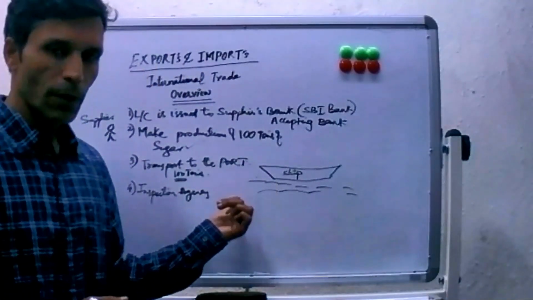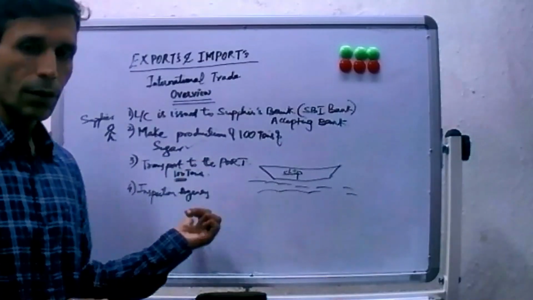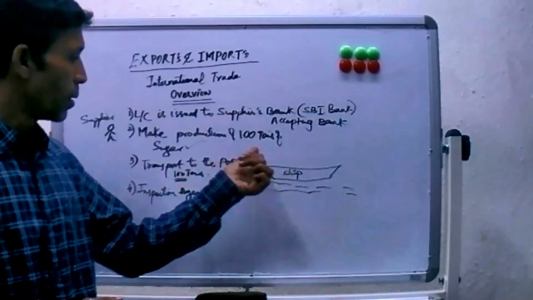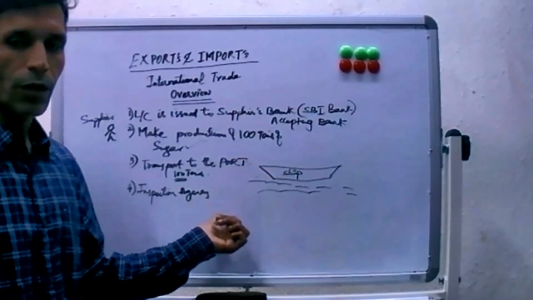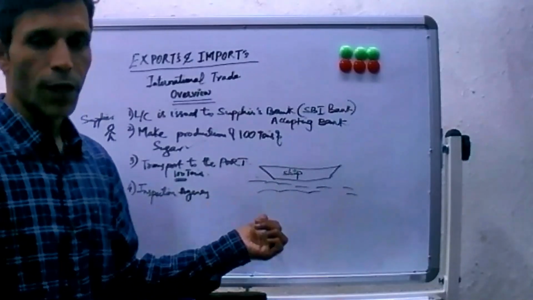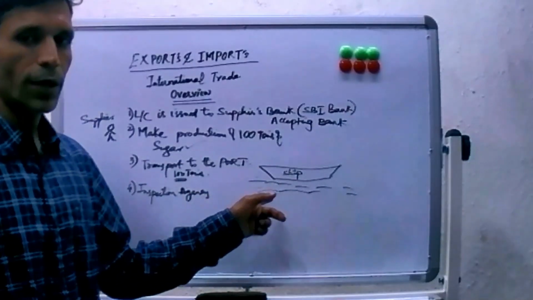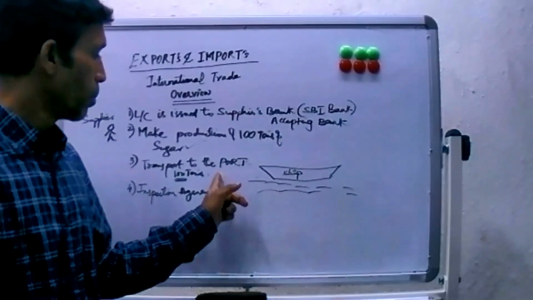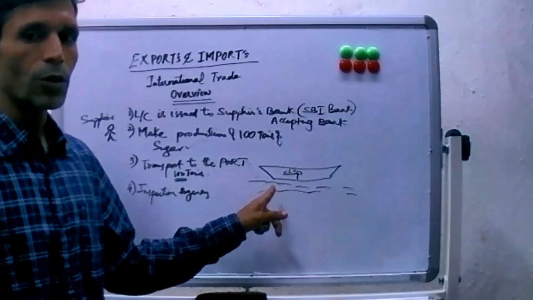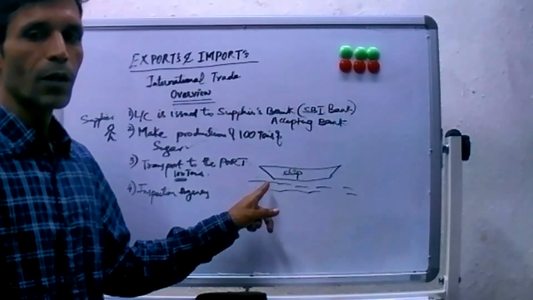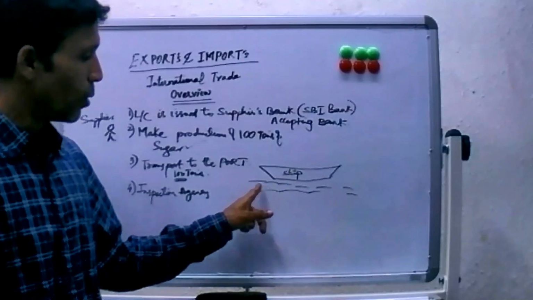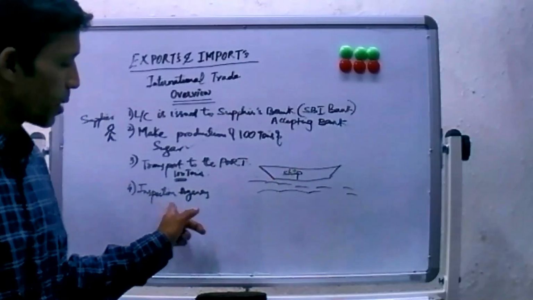The supplier will arrange this near the ship, and the inspection agency will arrive based on the advice from the buyer or the supplier, and they will do the job at the set time once the 100 tons of sugar has reached the port area. Before loading to the ship, this inspection agency will do its job.